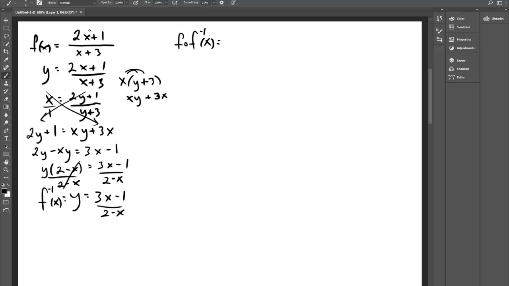We'll start off by writing this, and we'll put parentheses, so it's going to be 2 big parenthesis plus 1 over big parenthesis plus 3. And that's 2x plus 1 over x plus 3. And I'm going to put this into this function right here. So that's going to be 3x, I should have made my parenthesis bigger, minus 1 over 2 minus x. That's going to go here and here.